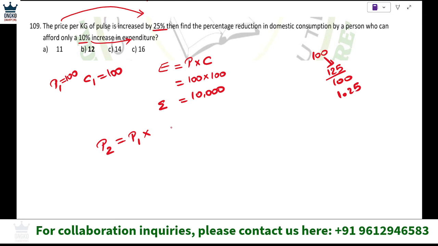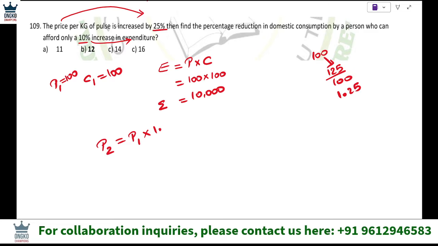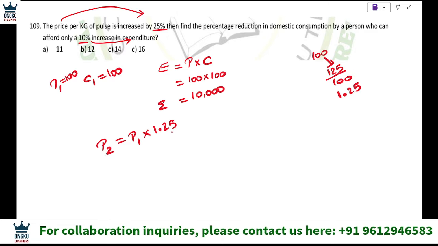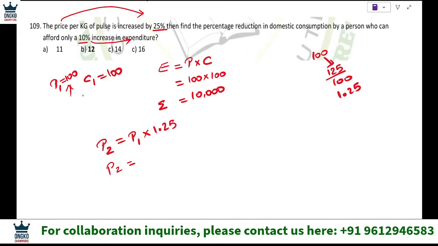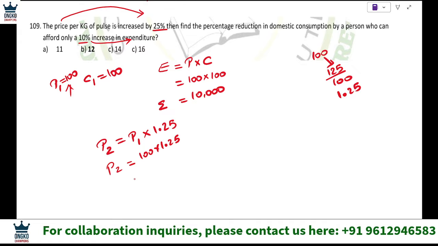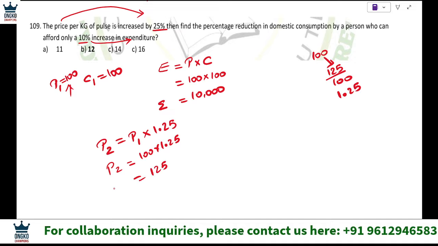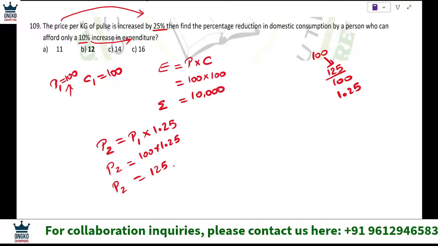So P2 is equal to P1, which we assumed 100, into 1.25. This will give us 125 rupees. So the price of the second one is 125 rupees.